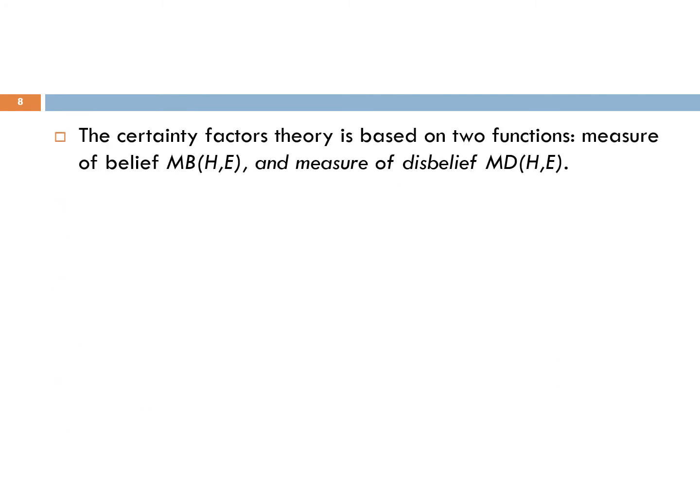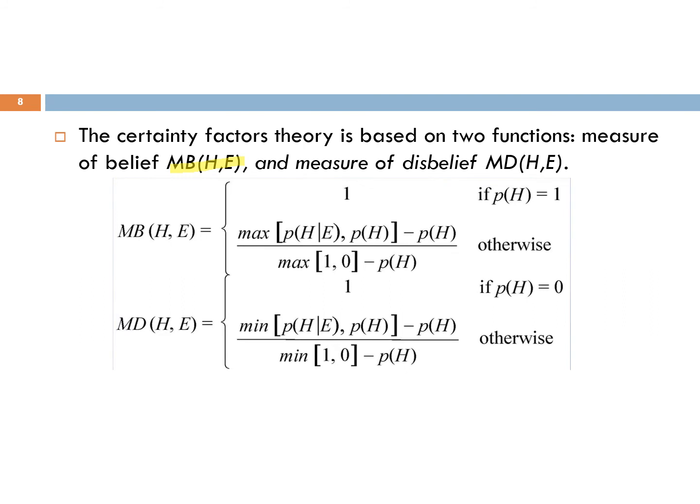Actually, the certainty factor theory is based on two functions. The first one is the measure of belief, we call it MB, a function of hypothesis H and evidence E, and the measure of disbelief, we call it MD, a function of hypothesis and evidence.